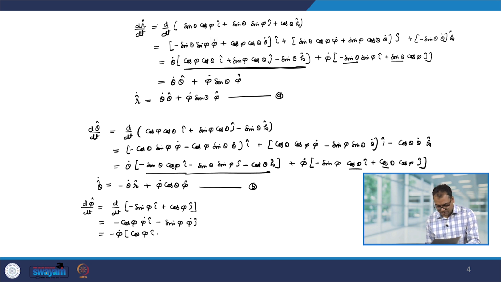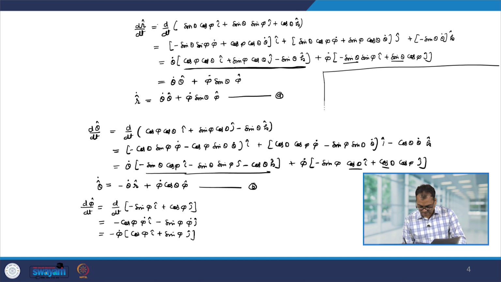So, this becomes cos phi i plus sin phi j, and I will show you in a second that cos phi i plus sin phi j is equal to sin theta r cap plus cos theta theta cap.